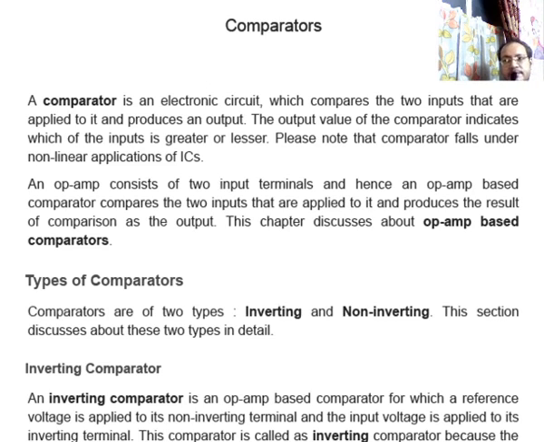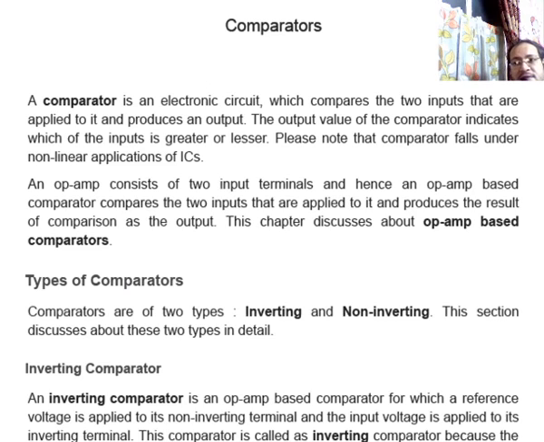Now, the comparator falls under the nonlinear applications of ICs. An OPAMP consists of two input terminals, and hence an OPAMP based comparator compares the two inputs that are applied to it and produces the result of the comparison at the output.